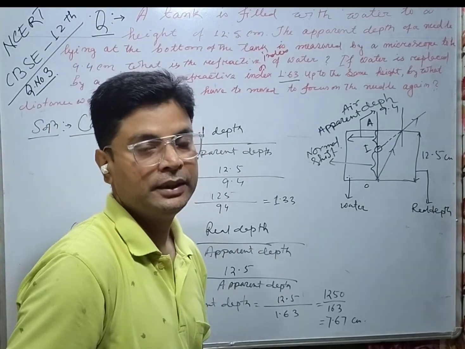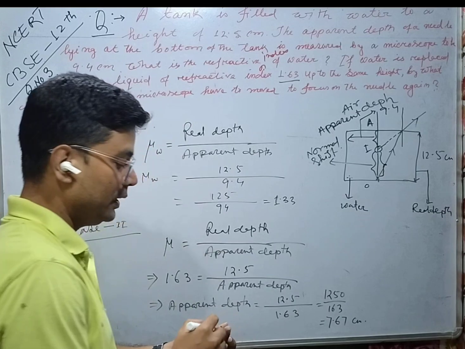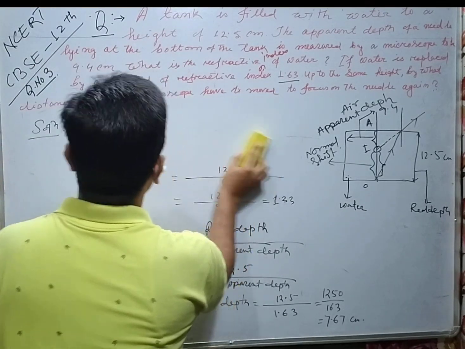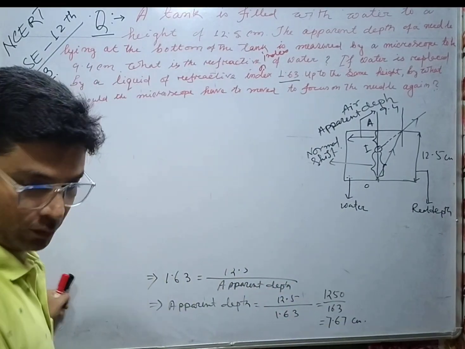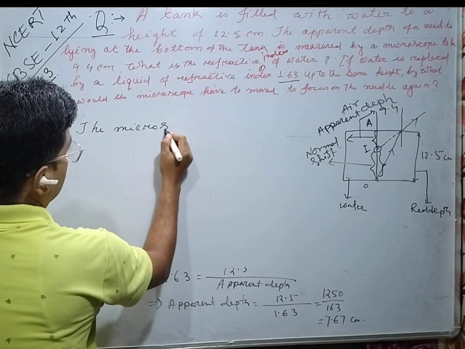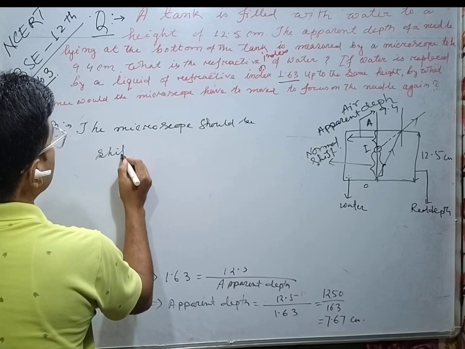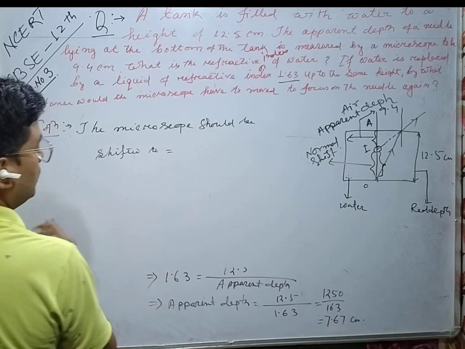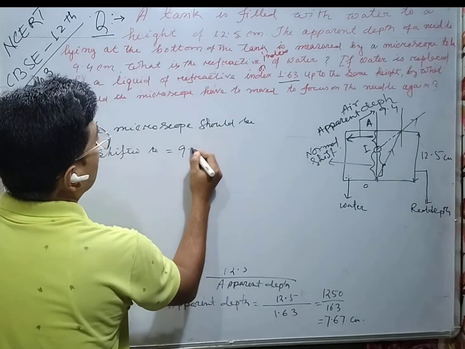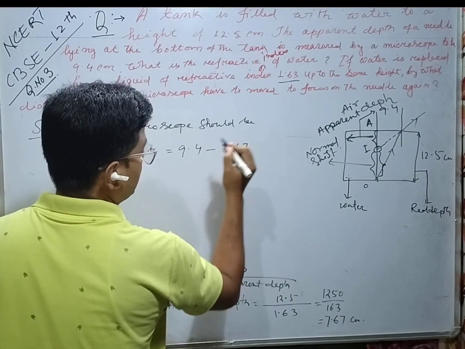Now the question is: by what distance should the microscope be shifted? The shift of the microscope is equal to the apparent depth of the previous case, 9.4, minus the apparent depth of the later case, 7.67.